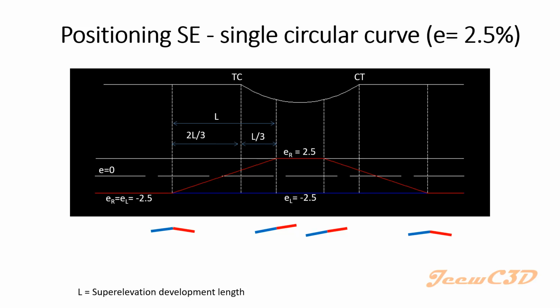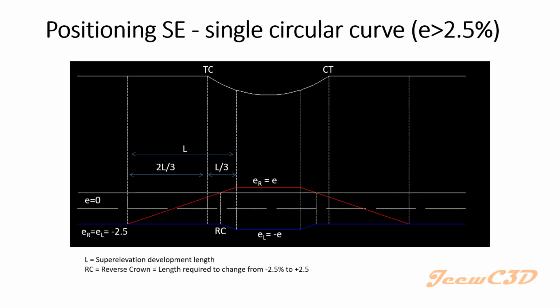So in this, where you have the superelevation development length greater than 2.5, in this case we call this point the reverse crown location. This is the location where you have minus 2.5 and plus 2.5. So after this point, both sides would be rotated. So from minus 2.5 to plus 2.5, your right side would be coming like this, but until this plus 2.5 point, the left side would always be minus 2.5.